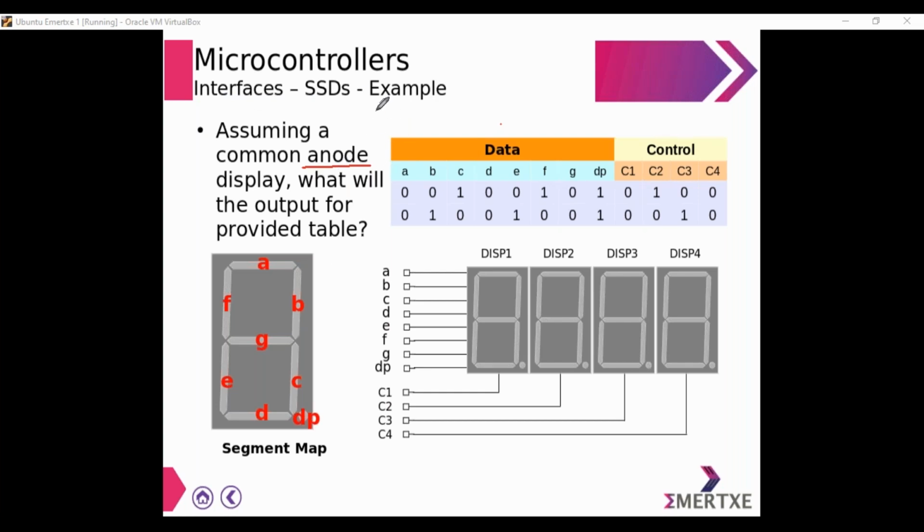In case of common anode, you have to be providing a 0 to turn it on. And this time you have to provide VDD in common.